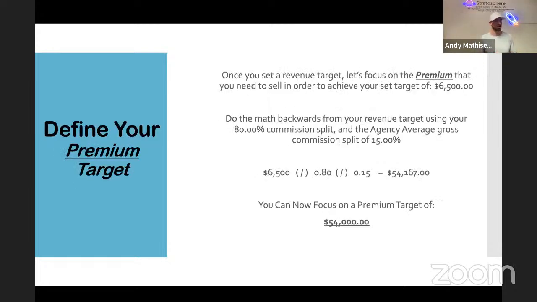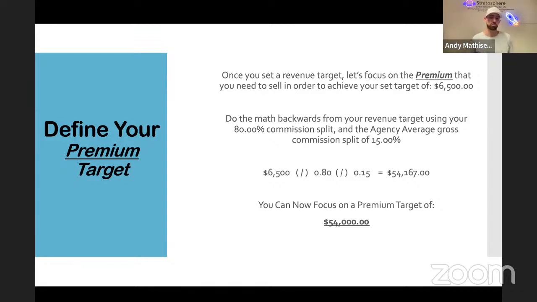Once I set that target of how much money I want to make this month in new business commissions, I'm going to focus on how much premium I need to write in order to get that $6,500 in income. All right. So some math here. It's very simple to put into place. All right, I'm going to work backwards based on that revenue target.